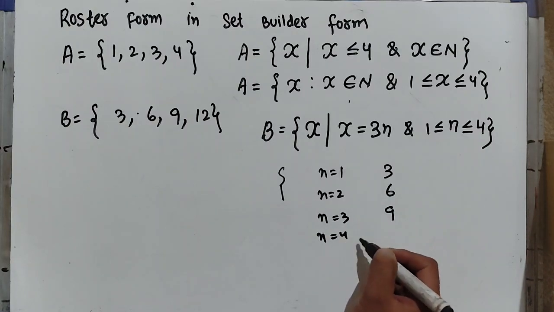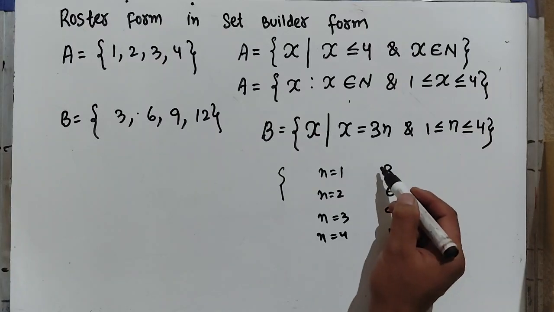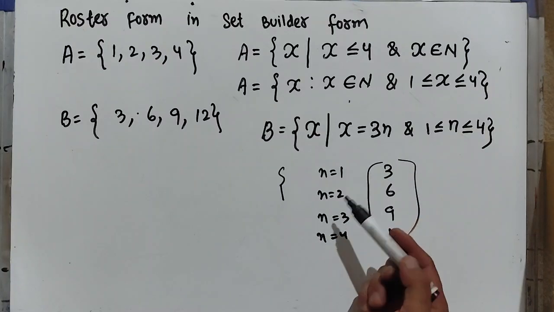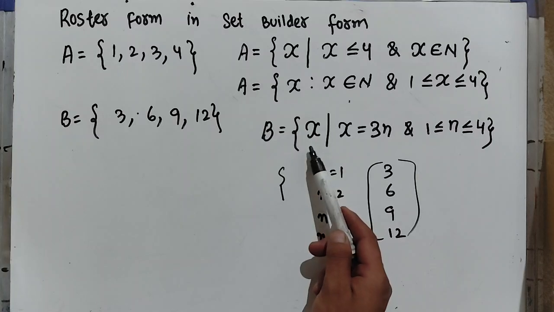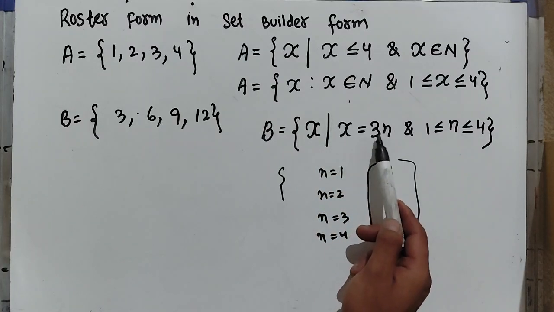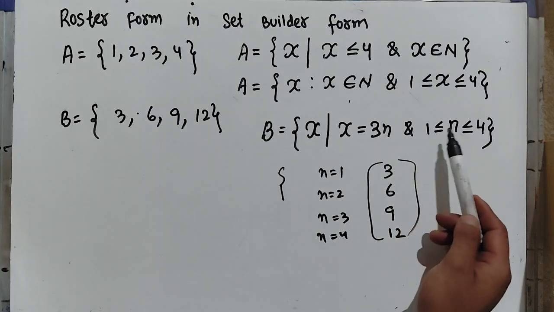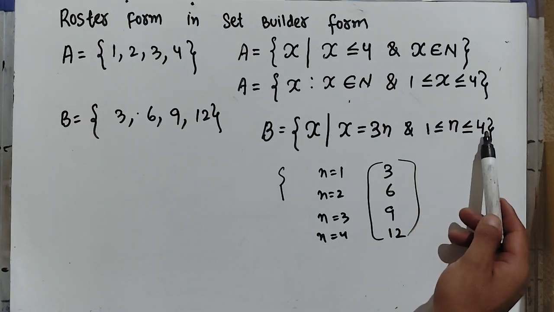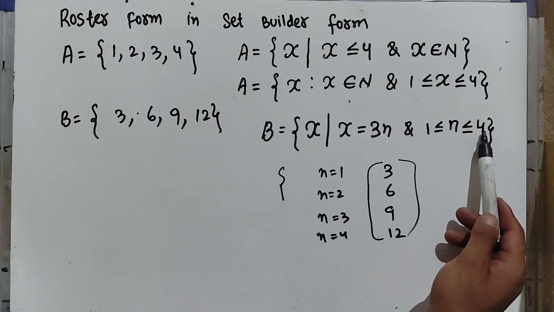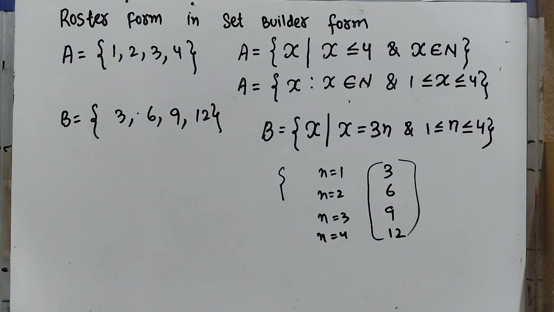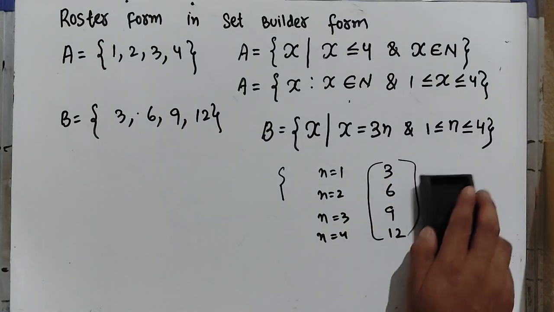When n is equal to 4, we will get 12. So in set builder form we write the set of all x such that x is equal to 3n, because these are the multiples of 3, and n lies between 1 and 4 inclusively. That is, we include 1 and 4 here.